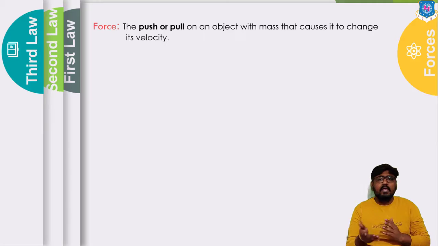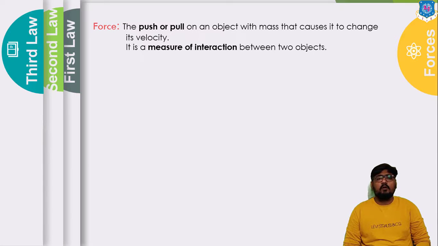By applying a kick, a push force is applied, and due to that the ball is set into motion and its velocity is increased. That is how the change in velocity came. So it is a measurement of interaction between two objects.